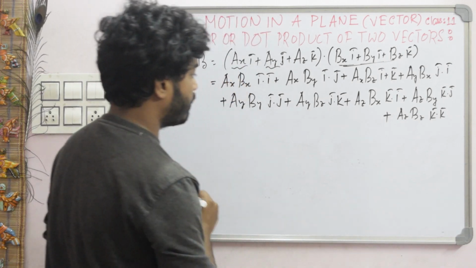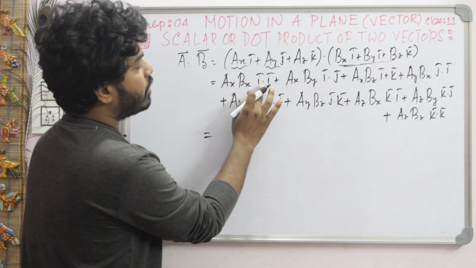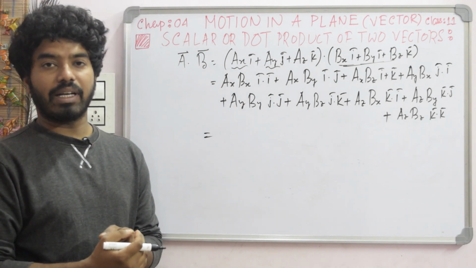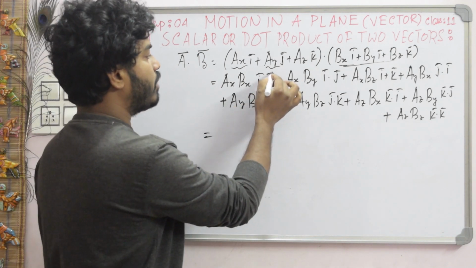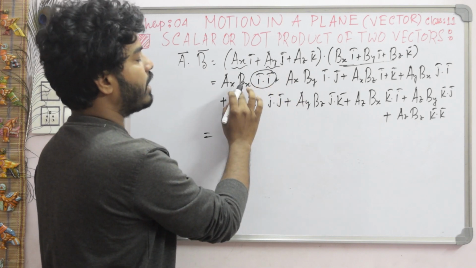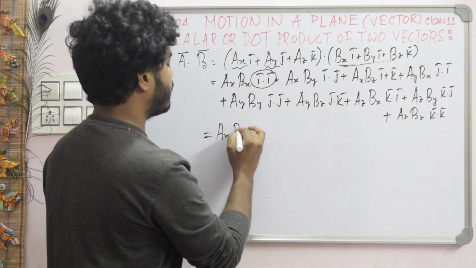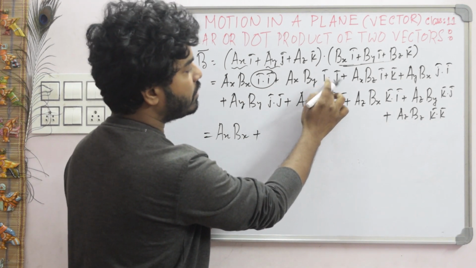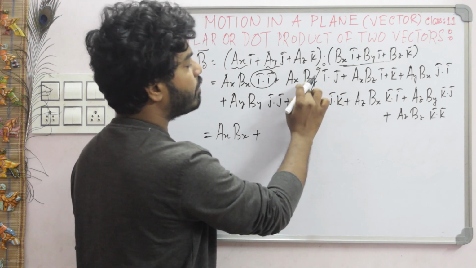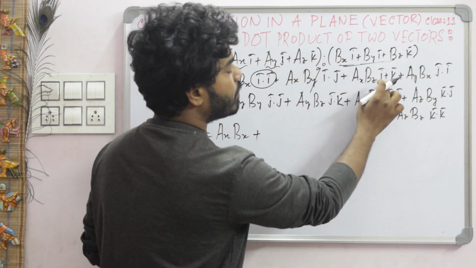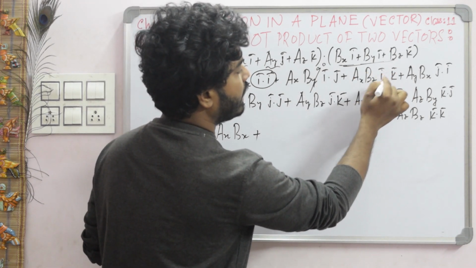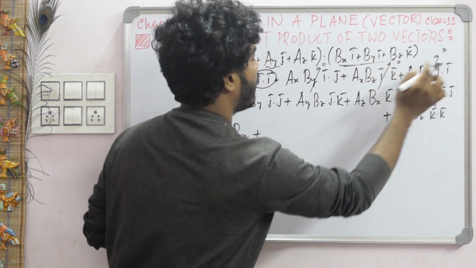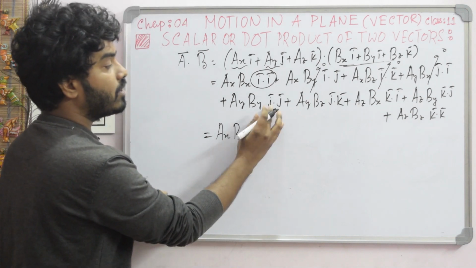Now you just simplify this. You know the value of i dot i, the dot product of two similar unit vectors, is 1. So this gives ax bx. You know the value of i dot j is 0, so this part becomes 0, this part also 0, i dot k is 0, this one is also 0, j dot i. Now what is the value of j dot j?